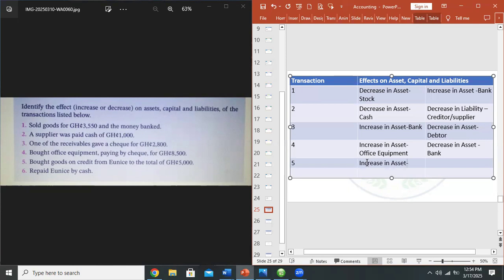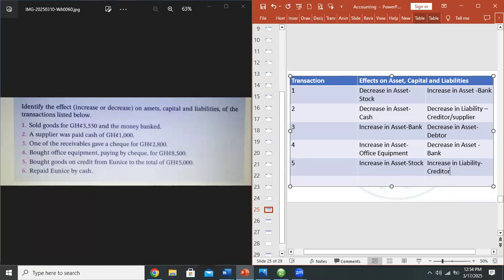And this time we didn't pay Eunice, so Eunice will become our creditor, someone we owe, and that will be a liability. So there will be an increase in liability, and that is creditor. You always need to state the creditor, and if the name is there, you add the name: creditor Eunice.